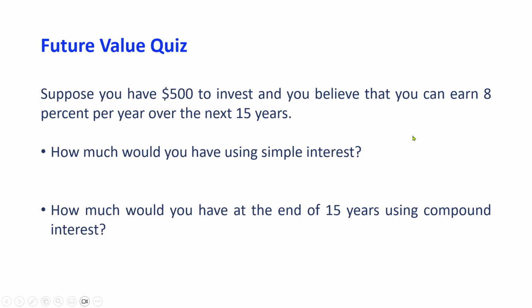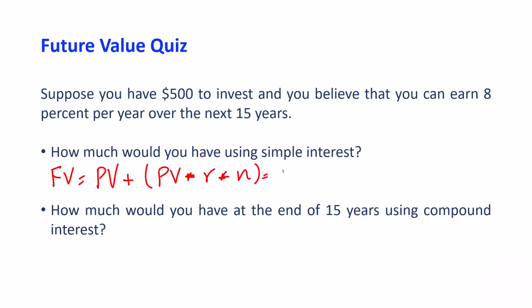Suppose you have $500 to invest and you believe that you can earn 8% per year over the next 15 years. How much would you have using simple interest? So using simple interest, the future value would be the present value plus the invested amount times the rate times the number of years.